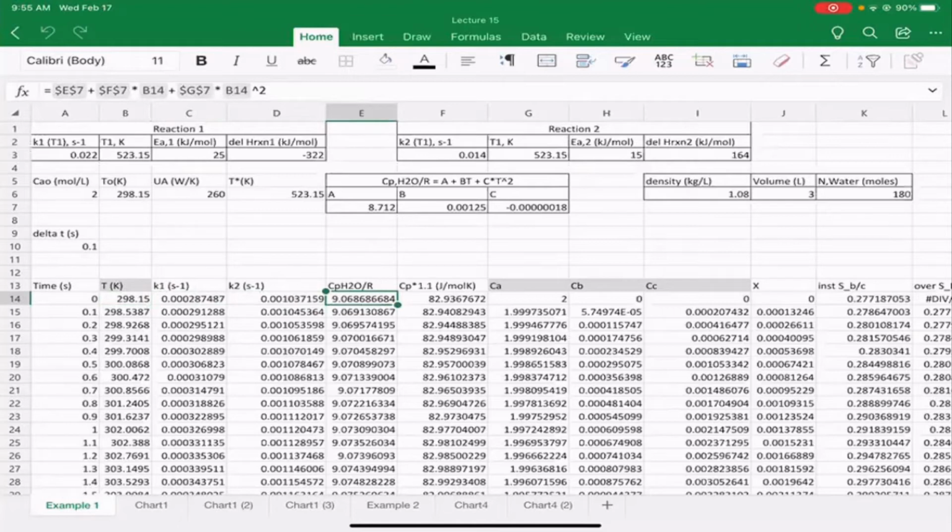And of course, we're told that actually in this problem, we're going to assume that it's 10% higher than the heat capacity of water. So really, we're interested in Cp of water times 1.1. Then from there, I implement the mole balances, A, B, and C. And then I calculate the conversion. And because we're talking about selectivity and yield in lecture today, I've also calculated the instantaneous selectivity and the overall selectivity here.